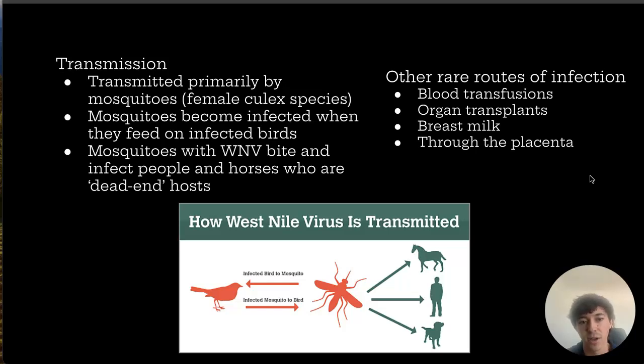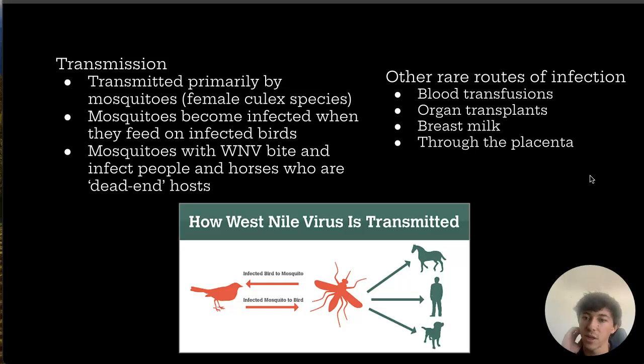Then it's going to infect people and horses who are dead-end hosts. I haven't seen much on dogs, but based on that picture, I guess they're associated. But yeah, they're dead-end hosts. So once a mosquito infects someone, another mosquito can't contract that virus by feeding on a human.